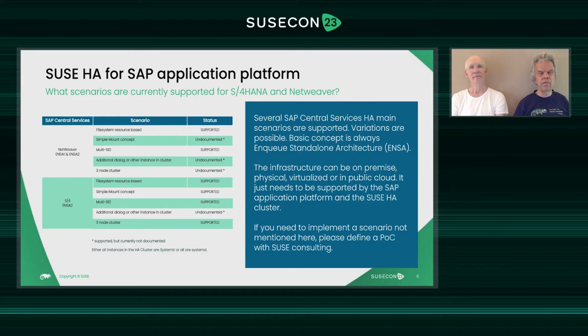This is the replication of the enqueue logs from one instance to a backup instance. S/4HANA started a bit more modern with ENSA 2, beginning from application platform 1809. With that, we have two areas we would like to discuss here: the NetWeaver area, where you have the selection between the older ENSA 1 and the newer ENSA 2 with very new SAP kernels, and S/4HANA, where you have the ENSA 2 option.